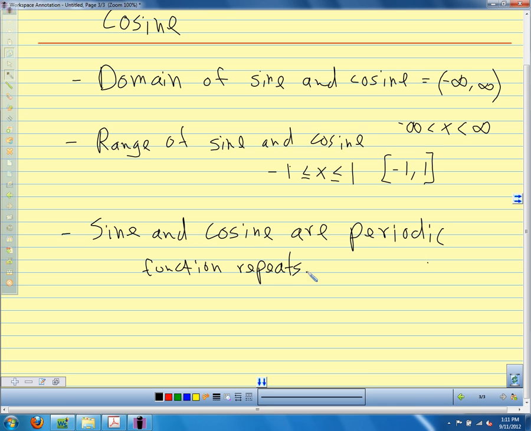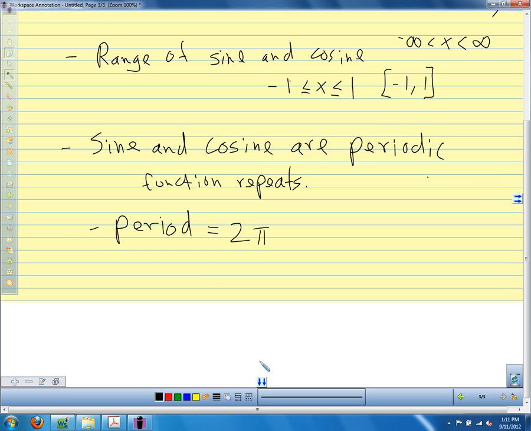I get the same numbers for sine and cosine as I repeat. So we say the period of the sine and the cosine is 2 pi. Every 2 pi units, I start getting the same numbers back again.